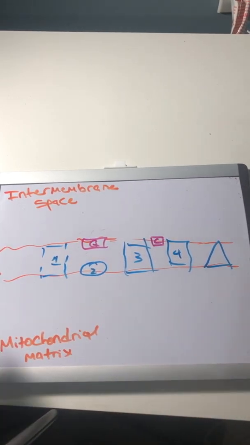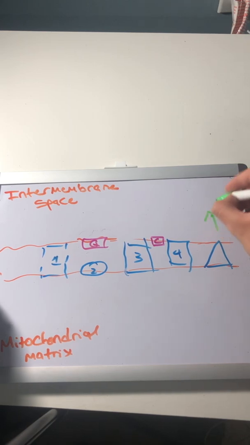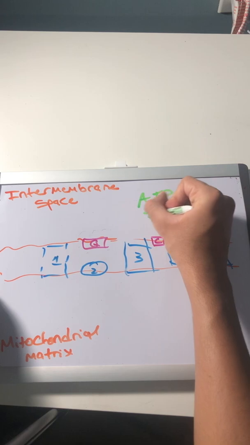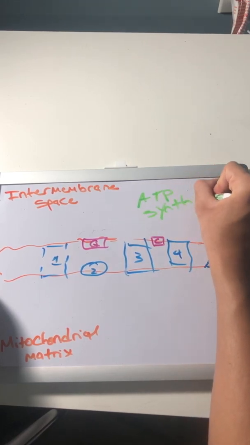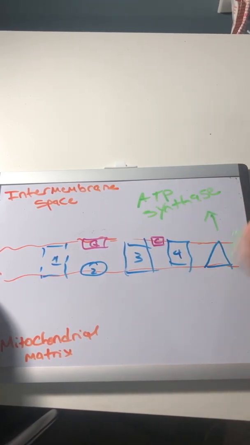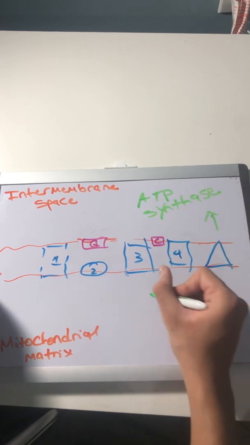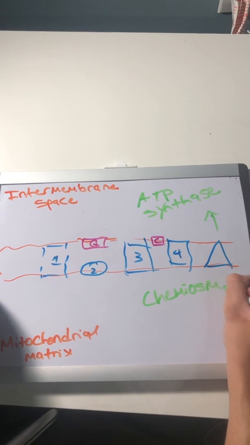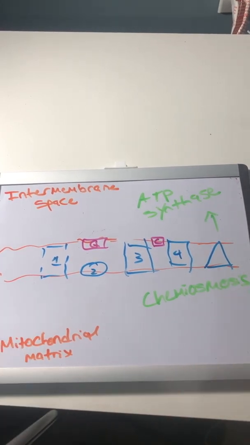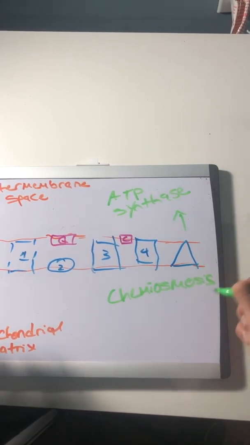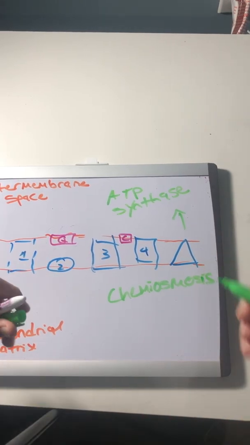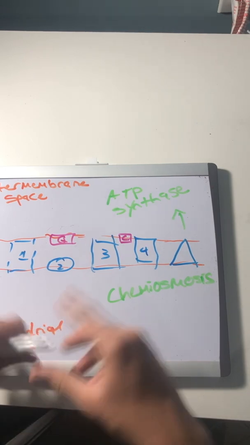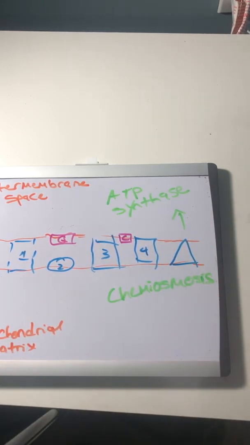And this triangle can be referred to as ATP synthase, or it can also be called chemiosmosis. Those are two names that refer to the same thing.